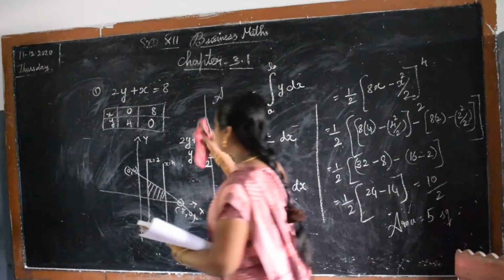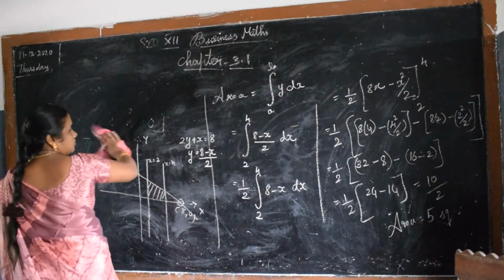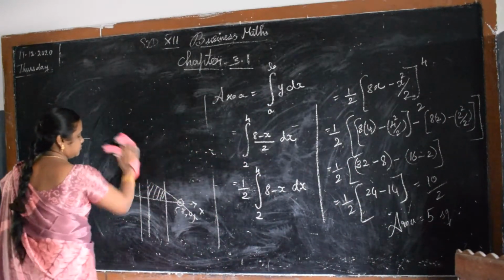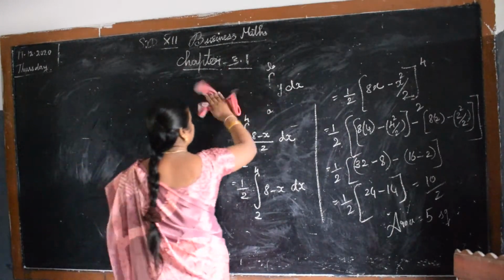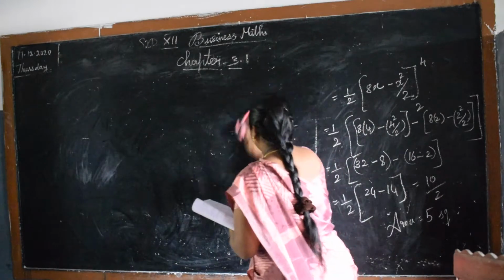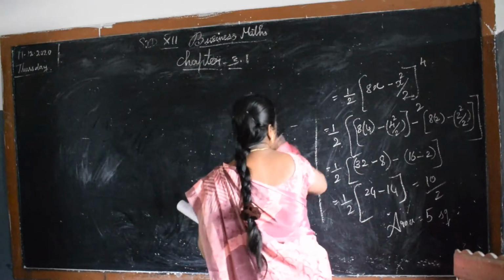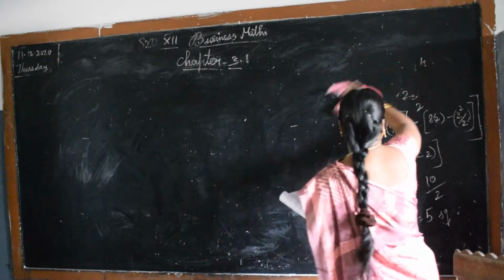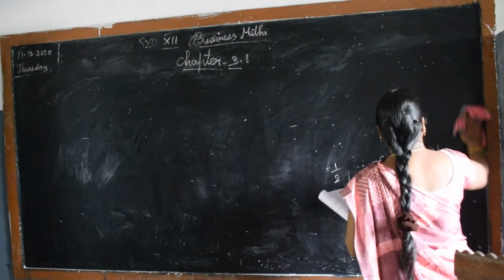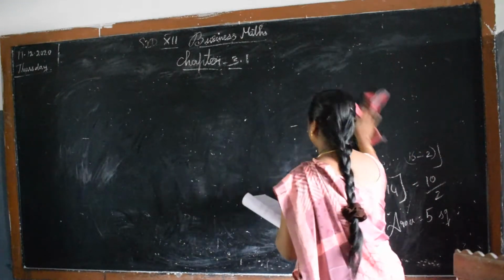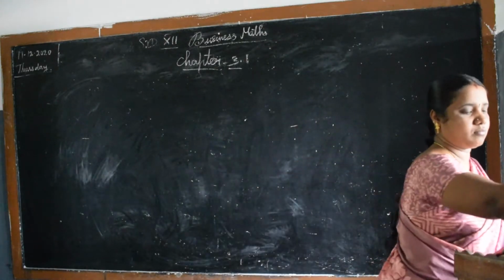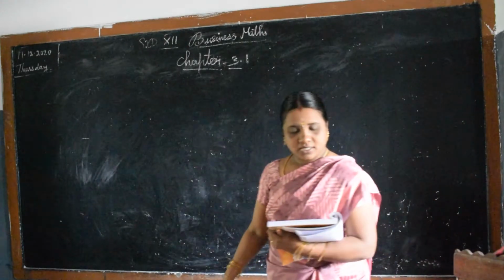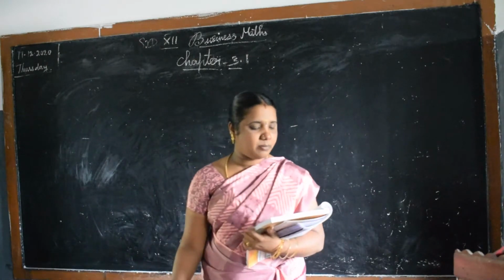Second problem. See the second problem. Find the area bounded by the line.